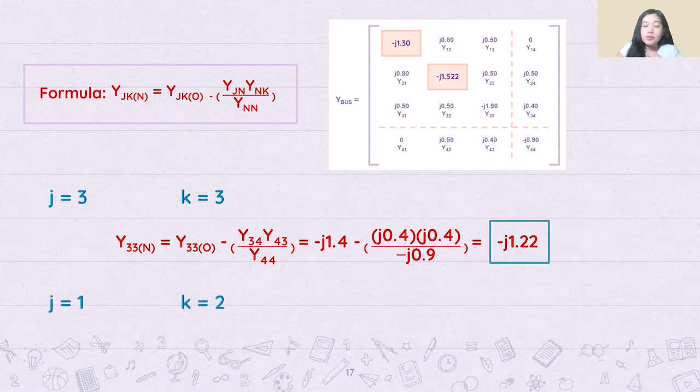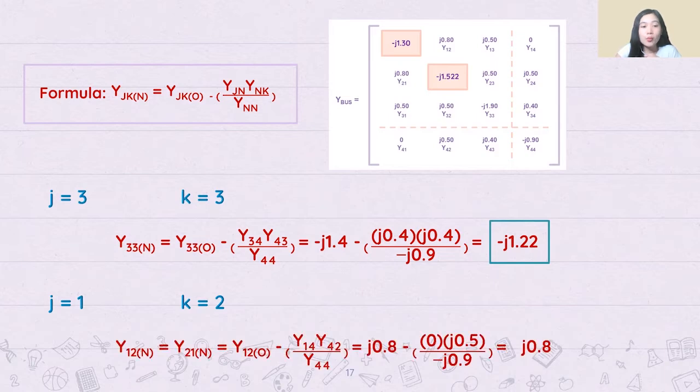So, next stop naman is yung ating off diagonal. So now solving for our new y sub 1,2, or equivalent din siya, or makuha nating new value is equivalent din sa y sub 2,1. So, maaari nating gamitin old value na y sub 2,1 or 1,2, it's the same lang naman.